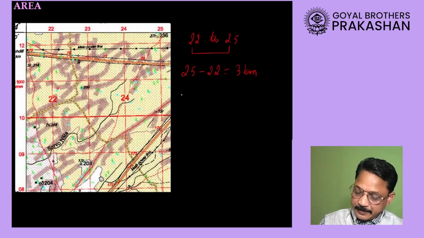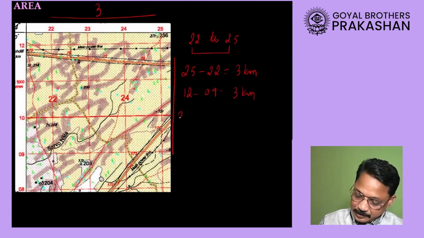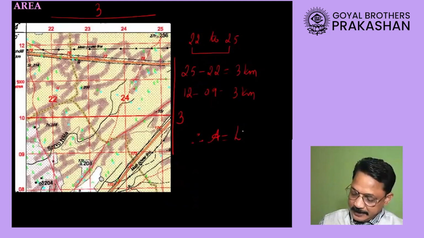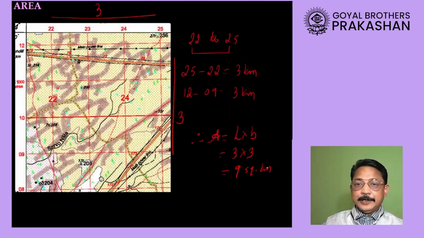Then we took between 9 to 12 northings. So 12 minus 9 is again equal to 3 kilometer. So the length here is 3 kilometer and the breadth here is 3 kilometer. Therefore, area will be length multiplied by breadth, 3 multiplied by 3, that is 9 square kilometer.